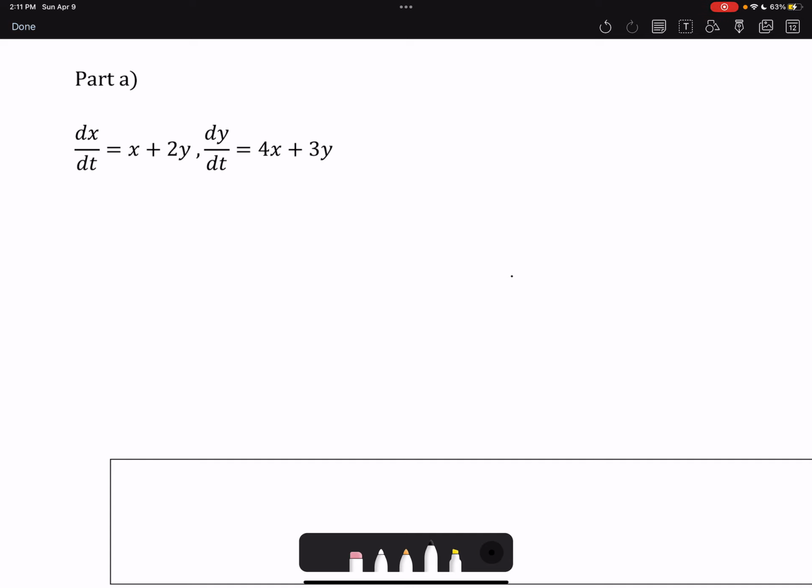So I'm going to say x prime, y prime on the left-hand side of the equal sign. And then here I'm going to write x plus 2y, but I don't want to put the plus, I'll just put 2.